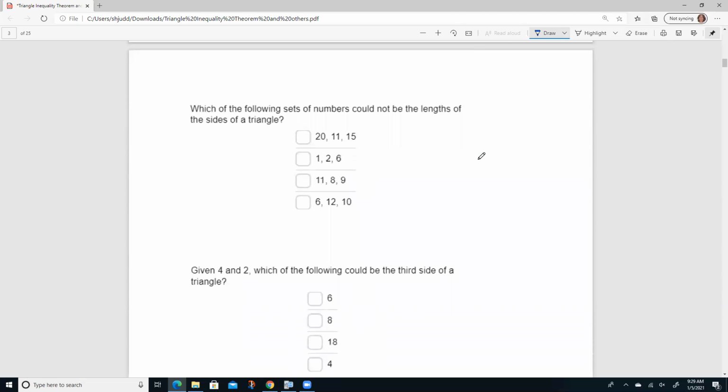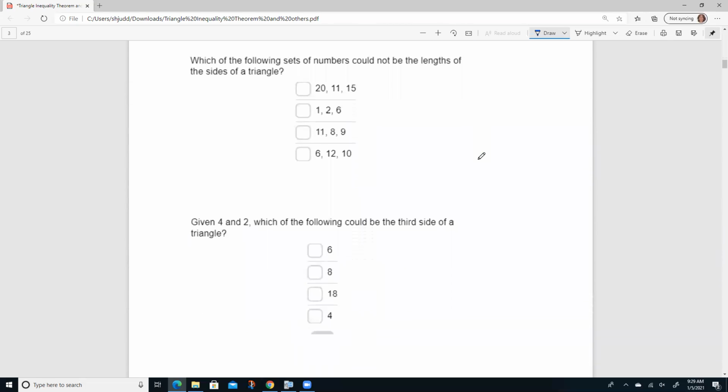All right, which of the following sets of numbers could not be the lengths of a triangle? Okay, so the easiest way to determine this is to pick your two smallest and add them together. Remember, the sum needs to be bigger. So if I take these two smallest, for example, is 2 plus 1 bigger than 6?